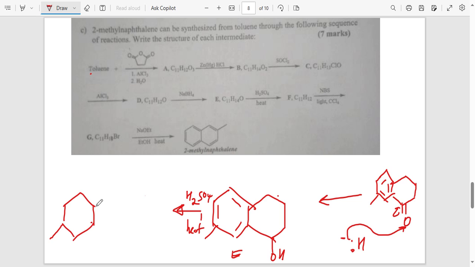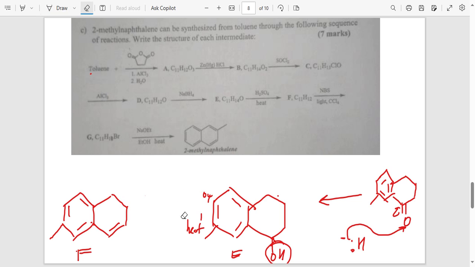So you see the way they brought this question, they combined a lot of topics in one. Where you had the OH will no longer be there, we're going to form a double bond. You also have alternating double bonds here. So this is the structure that we form, and that will be our F.